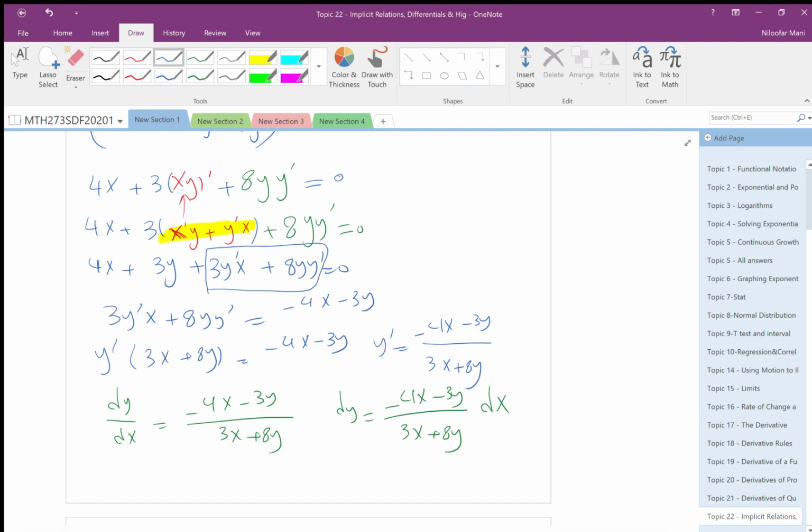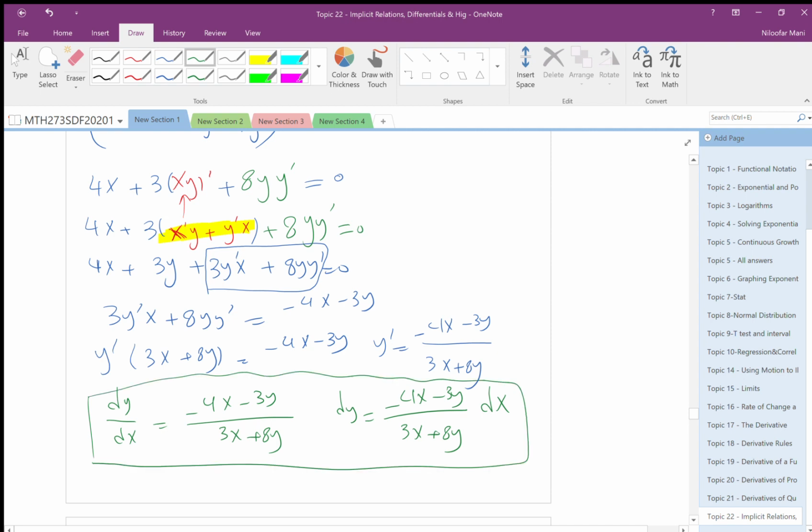Then I keep whatever has y prime on one side, and whatever doesn't on the other side. I have to change the sign, factor y prime, divide, and at the end I put dy over dx. So this is related to this lesson here. You have to substitute dy over dx for y prime and then solve for dy.